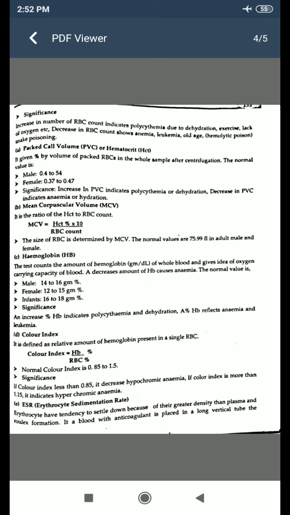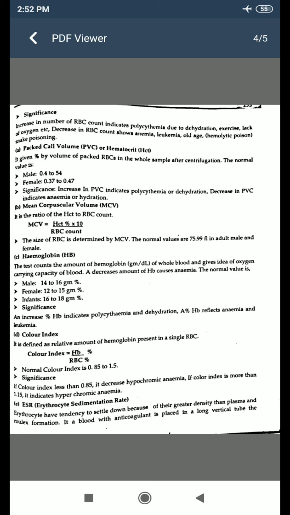Then D, color index. Color index is defined as the relative amount of hemoglobin present in a single RBC.